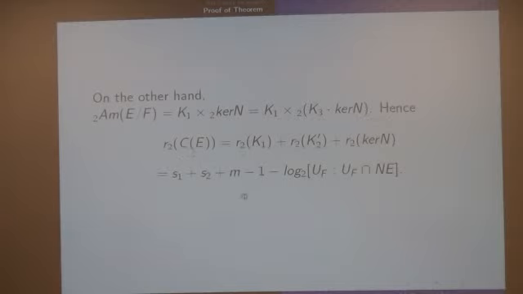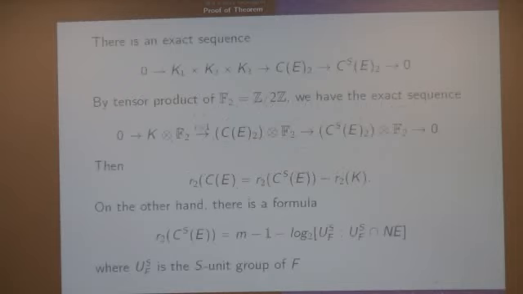We can also use this exact sequence. When we tensor by the product of F2, we have an exact sequence. For this exact sequence we use the above lemma. We get an exact sequence. Then we got R2 CE equals to this price. We can use this formula.